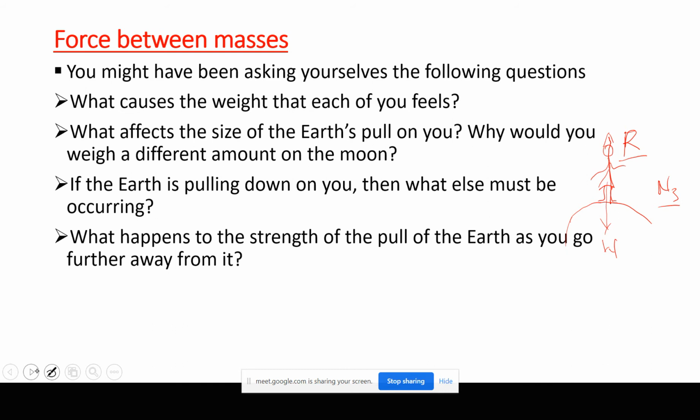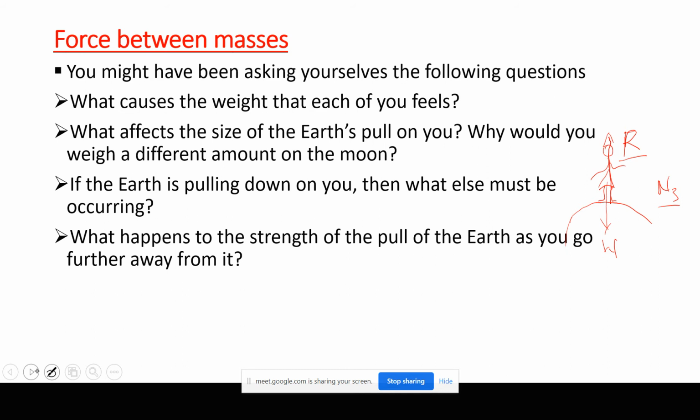So in summary, the force between two masses, or the force on an object in the Earth's gravitational field, depends upon the masses of the Earth and you. It also weakens as the distance between you and the Earth increases.